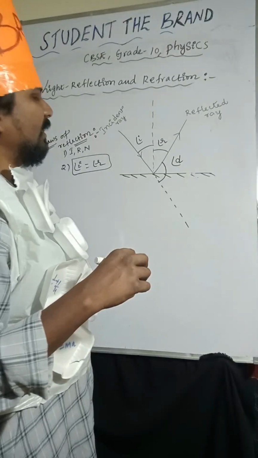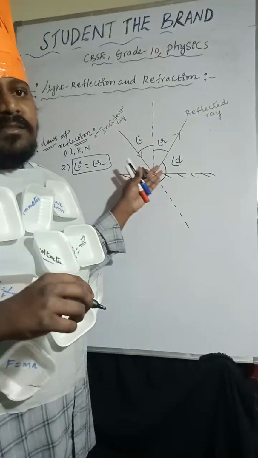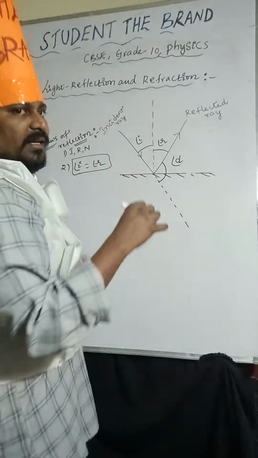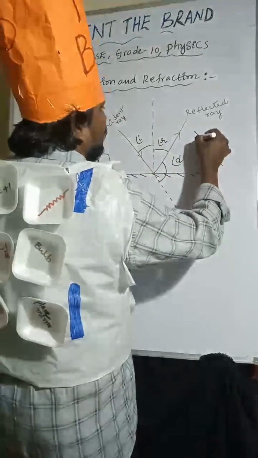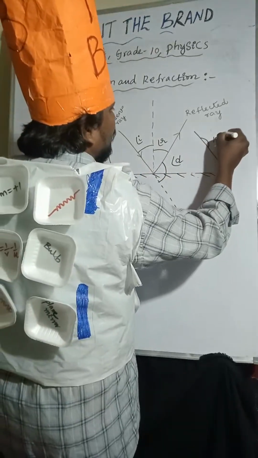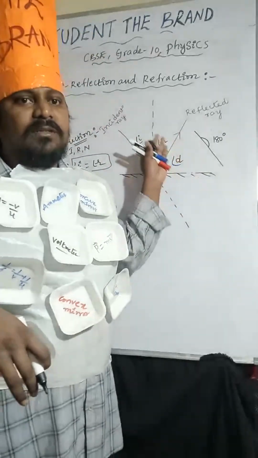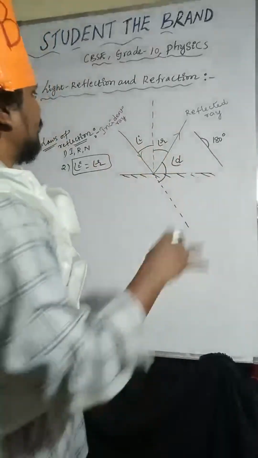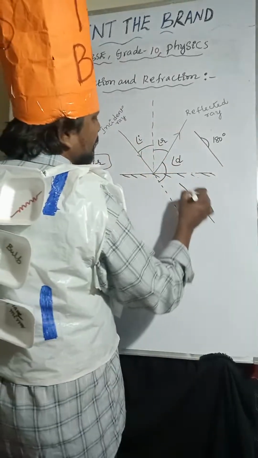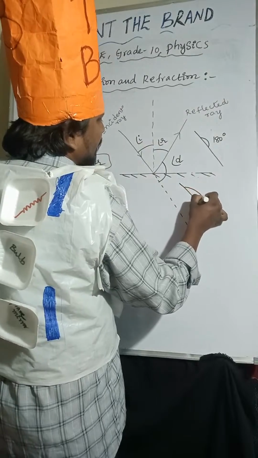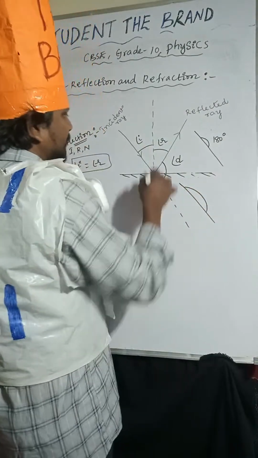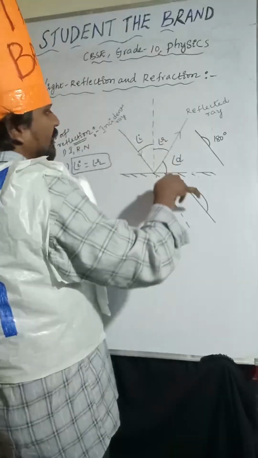Then the linear angle is 180 degrees. On the same line you can observe the angle of incidence, angle of reflection plus angle of deviation, because this is the linear angle.